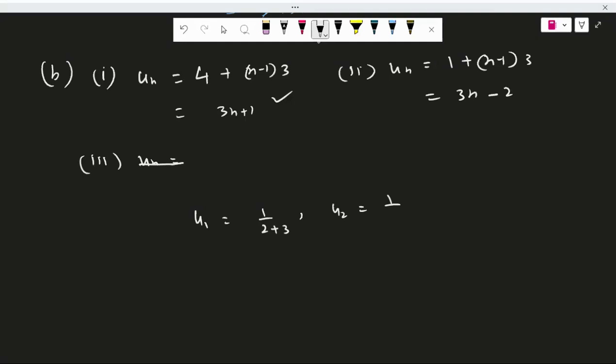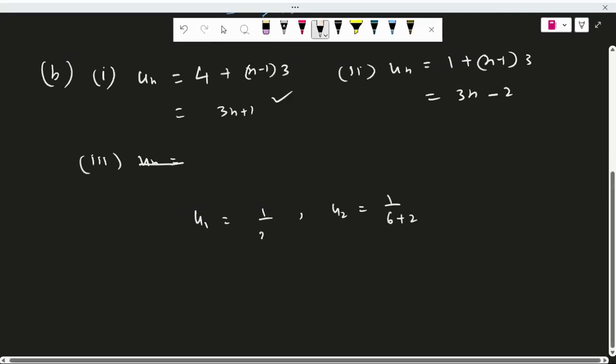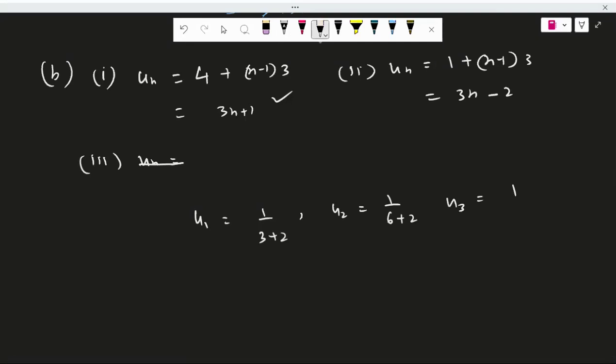U2 is what? U2 is 6 plus 2, isn't it? Let's write the first term: 3 plus 2, 6 plus 2. U3 is 9 plus 2, isn't it?